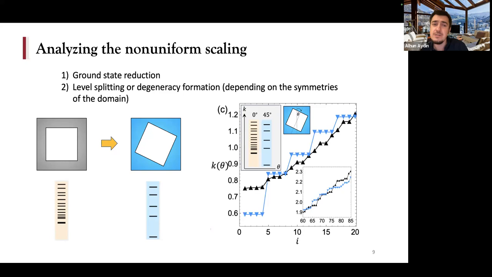And in that direction, when you do this operation, the ground state always reduces. This is the first important observation. And the second important observation is the level splitting or degeneracy formation depending on the symmetries of the domain. It really depends on the symmetry of the geometry of your domain, either you induce level splitting or you induce degeneracy formation. For example, in this particular case, you induce fourfold degeneracy when you do this transformation from here to here.